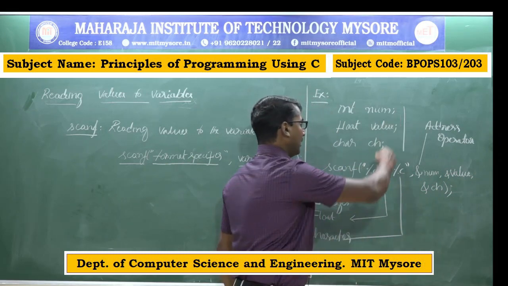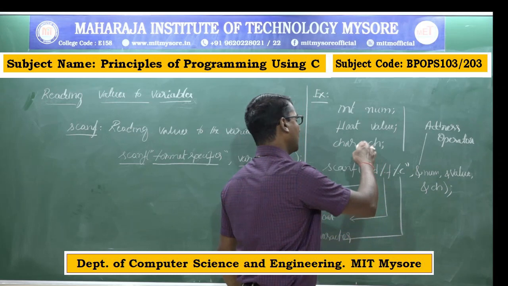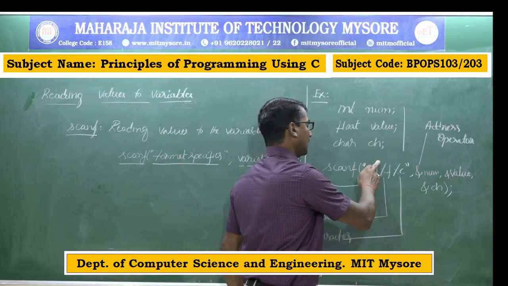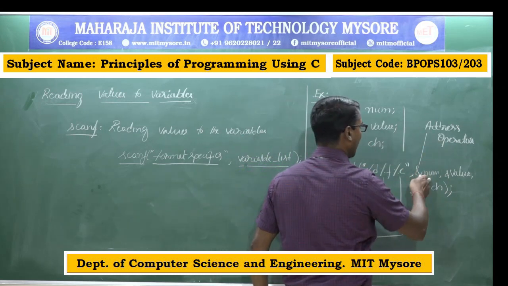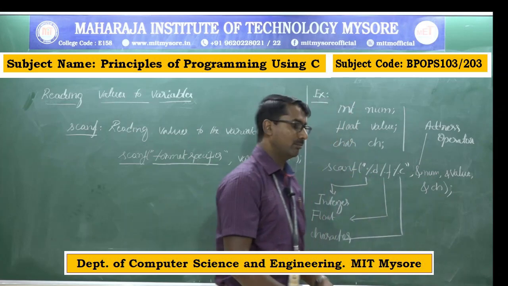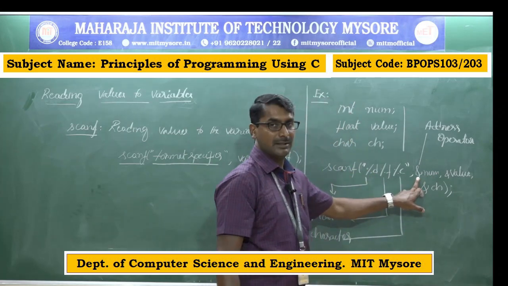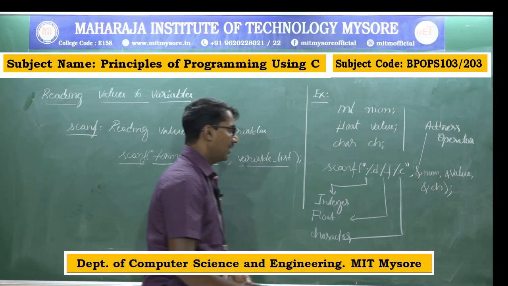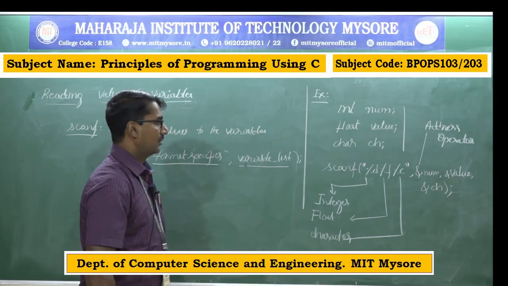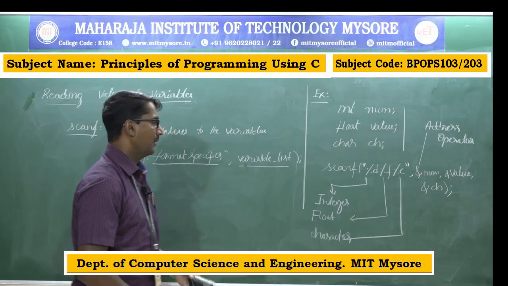So it will read the value from the keyboard, then it will convert it into integer, then the converted value will be assigned to the variable num by using the address of num. Okay, this is an example for reading values through the keyboard.